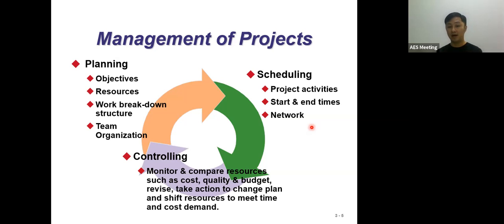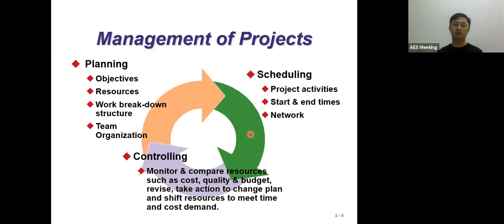If you look at controlling, by right, controlling is not the end. Once the controlling is all done, it will go back to the planning stage, which is the next cycle of planning. So this is a circle in the picture: planning starts first, going to scheduling.